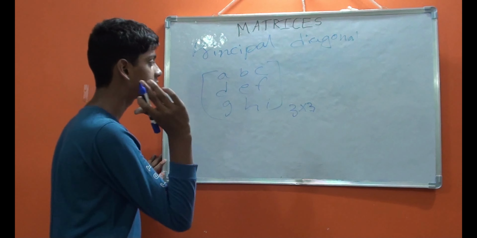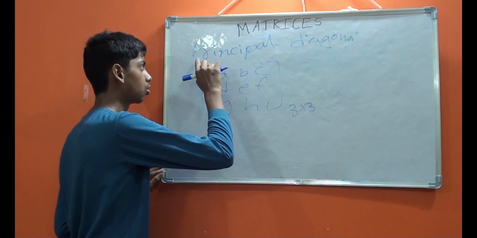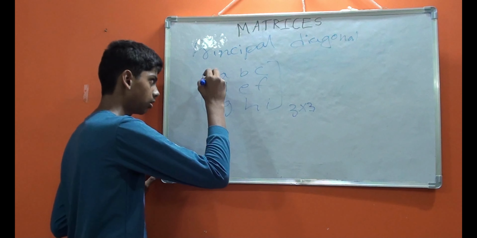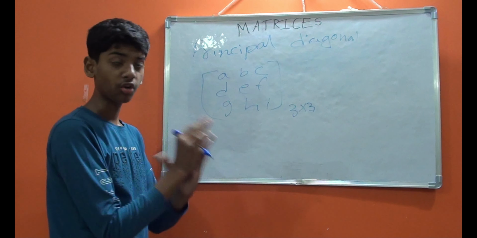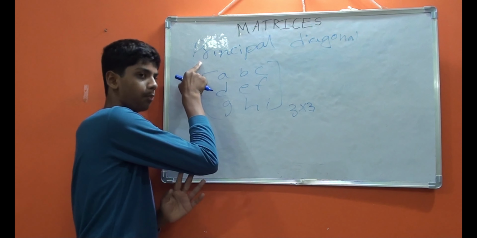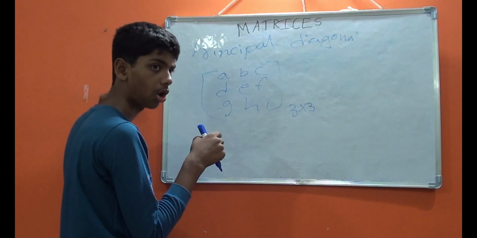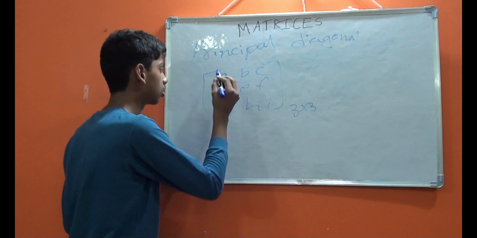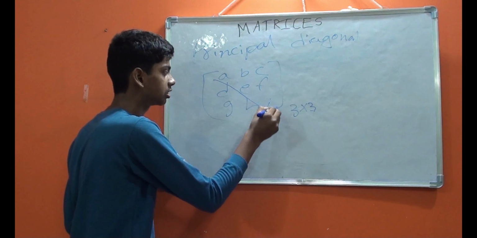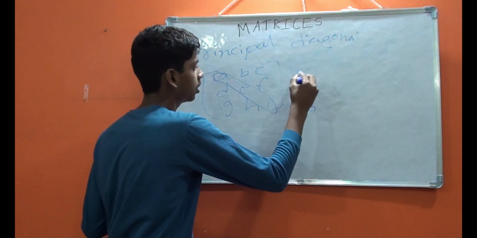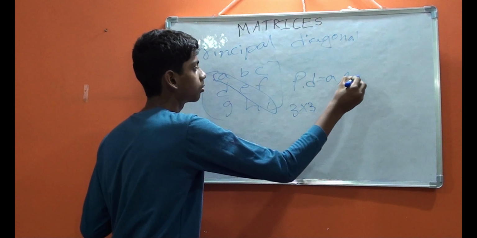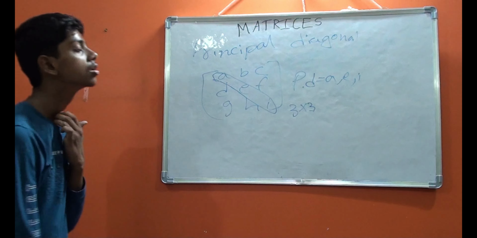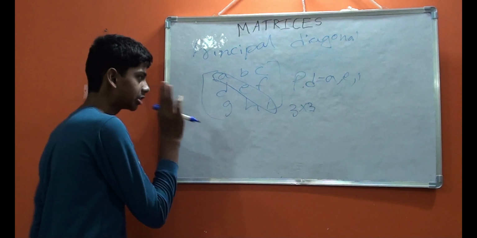The principal diagonal is the set of elements from the top left corner to the bottom right corner, which are these 3 elements. Principal diagonal equals A, comma E, comma I.